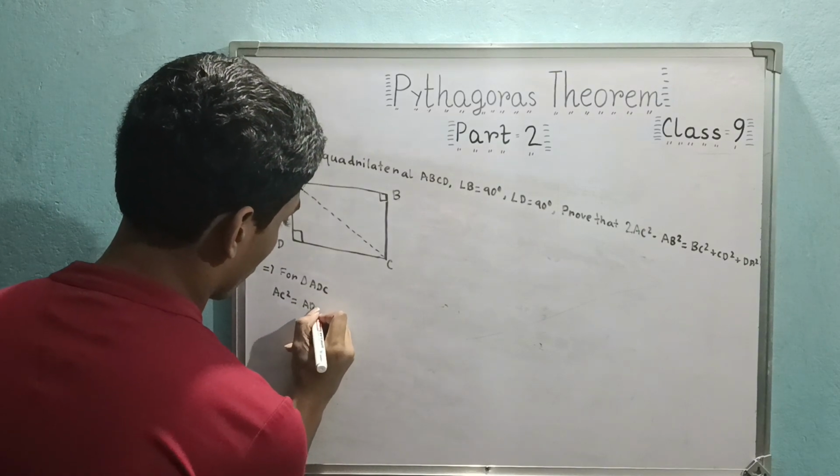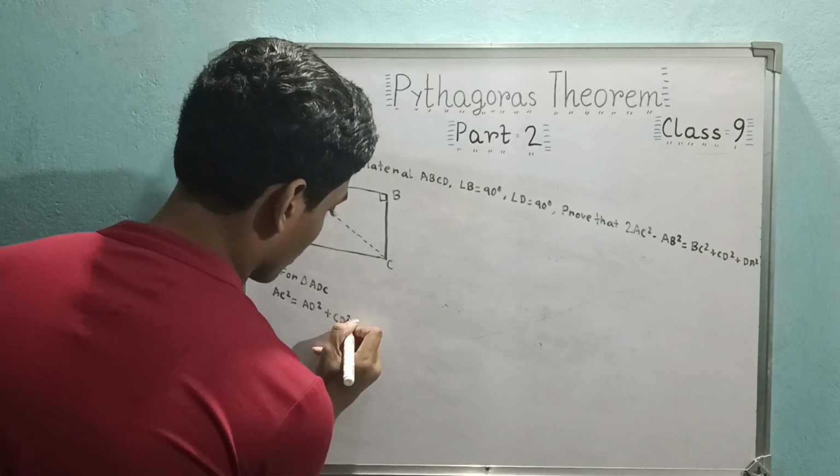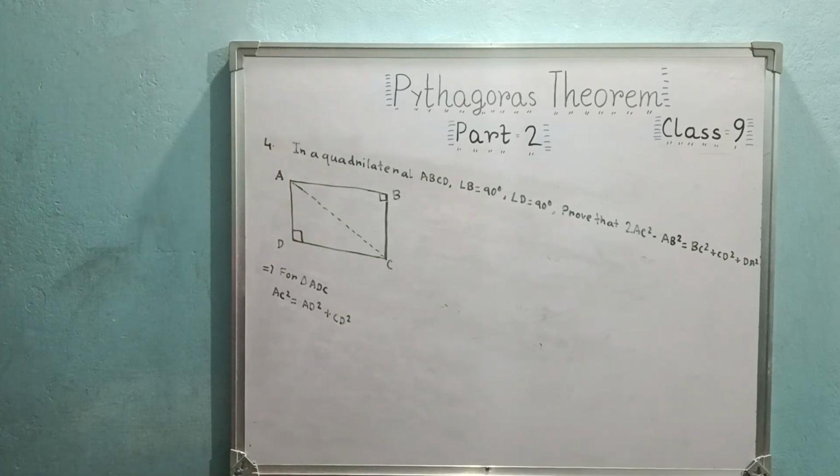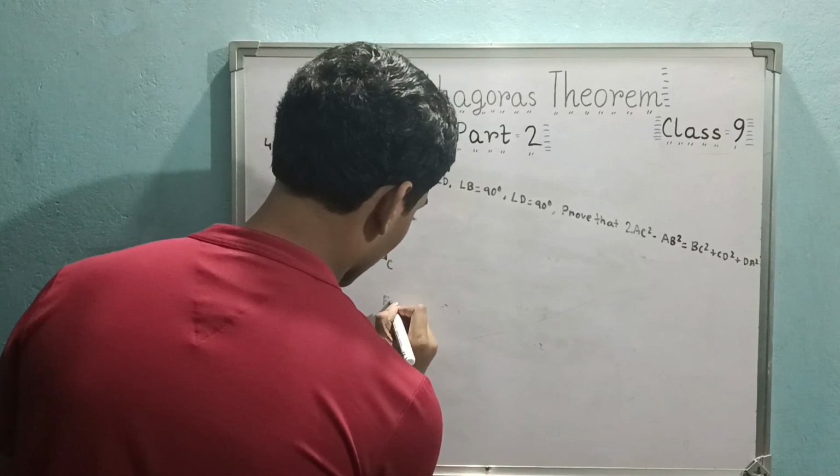Base square plus height square, we all know that. Now for triangle ABC, another right angle triangle is there.